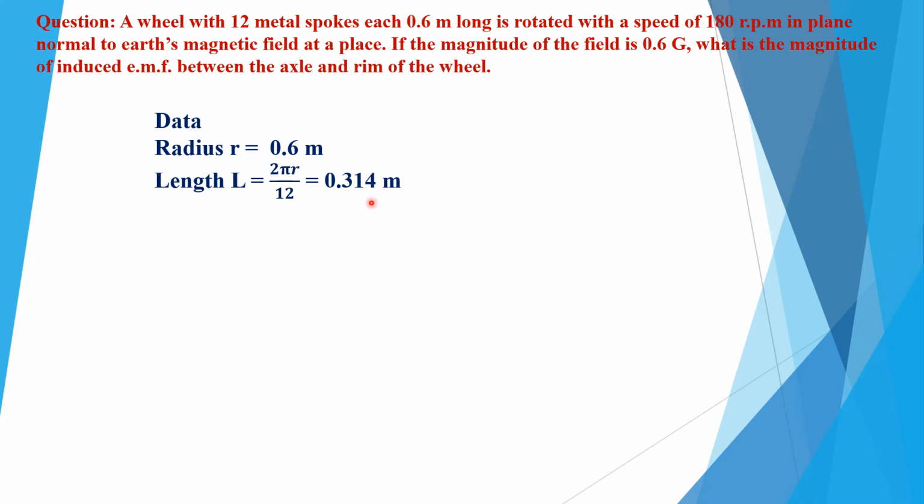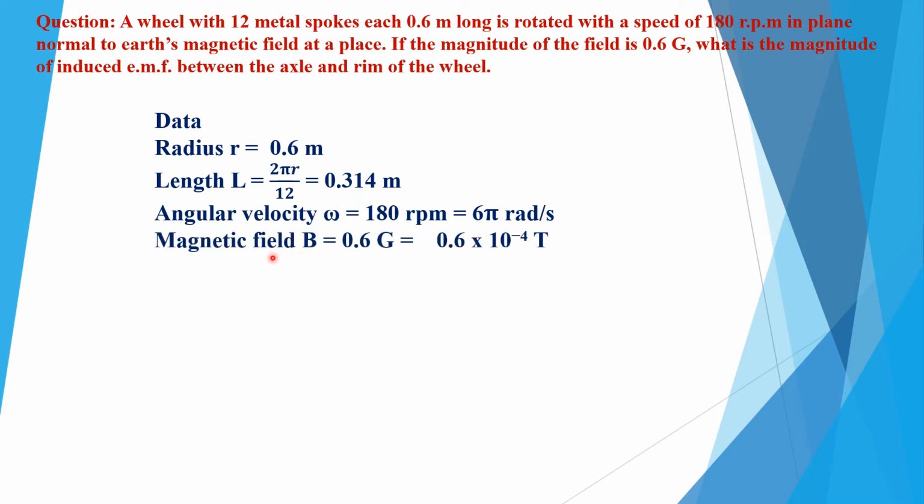We get length equal to 0.314 meter. Angular velocity is 180 rpm, and 180 rpm is equal to 6 pi radians per second, and magnetic field is equal to 0.6 Gauss, and 1 Gauss is equal to exponent minus 4 Tesla, so we get magnetic field B equal to 0.6 exponent minus 4 Tesla.